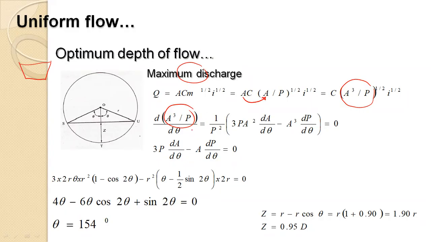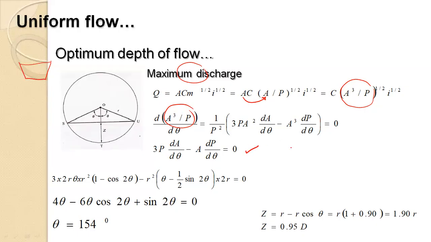So similarly, when you differentiate, you will get an expression 3P dA by d theta minus A dP by d theta equals 0, right? So again, it's the differentiation of a division, and then this is what you're going to get.